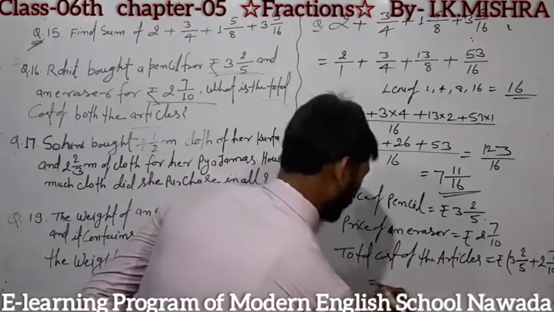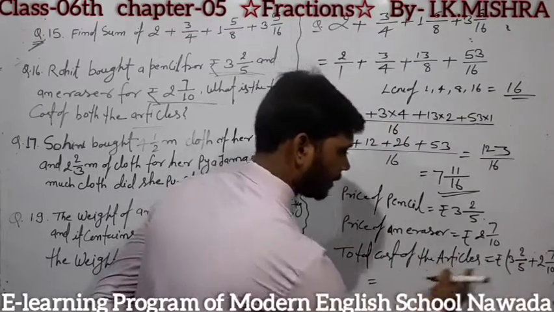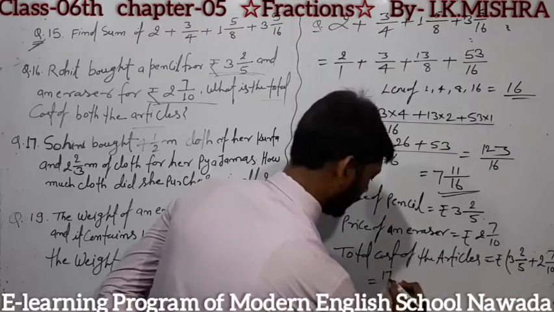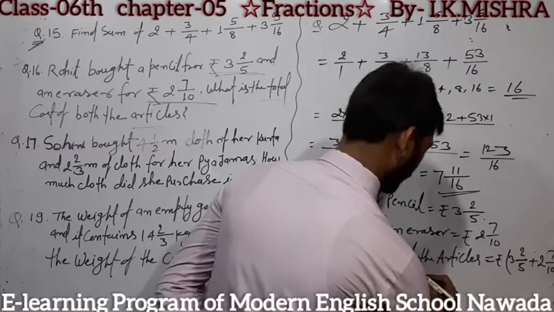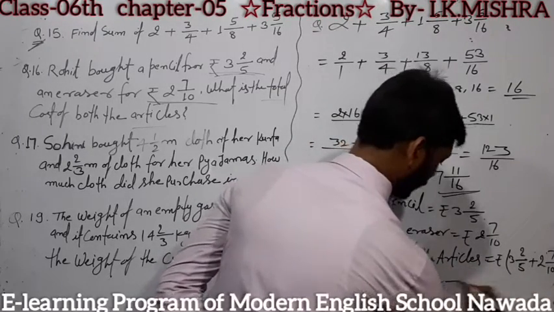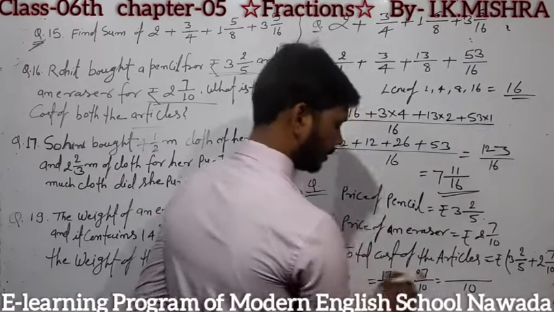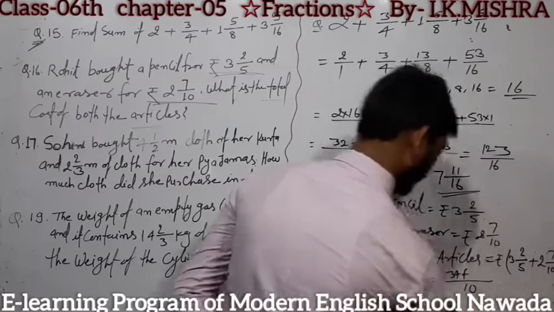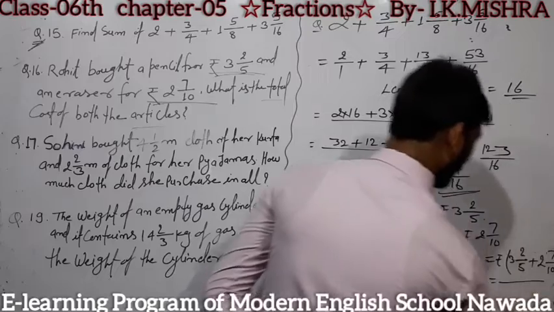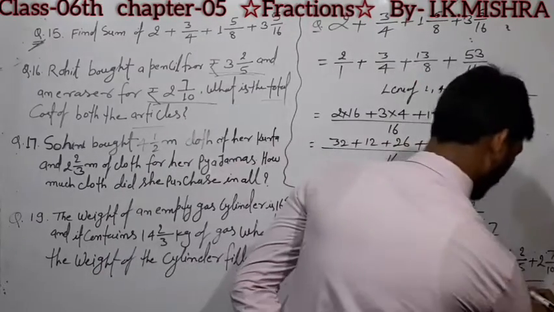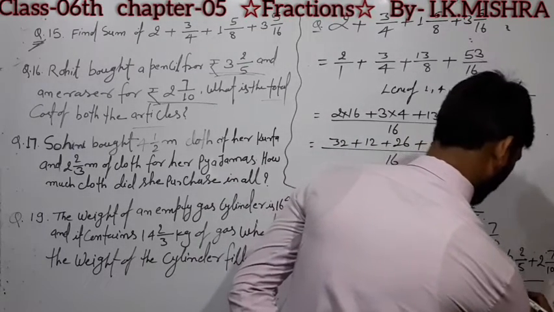Here first of all change this into improper fraction, that means 15 plus 2, 17 by 5, plus after that 27 by 10. Here, students, LCM is equal to 10. LCM will be 10 and 2 times, that means 34 plus here 27, that means 61 by 10.